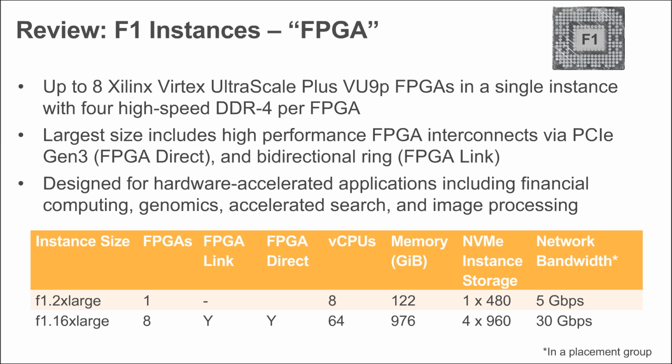These are workloads like financial computing, genomics, accelerated search, and even image processing. We offer 8 of the Xilinx UltraScale Plus VU9P FPGAs in the F1 instance, and we allow them to communicate to each other just like GPUs over a PCI fabric.